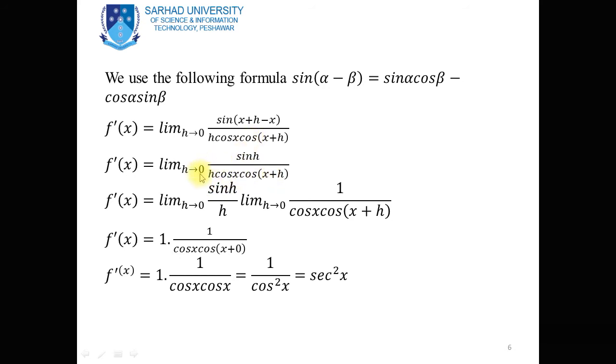Now limit h tends to 0, sine h by h, by the theorem, is equal to 1, and limit h tends to 0, 1 over cos x into cos x plus h. Now putting the limit, this theorem will be equal to 1, and 1 over cos x into cos x plus 0. So cos x times cos x is equal to cos square x, and 1 over cos square is equal to secant square. So the derivative of tangent x is equal to secant square x.